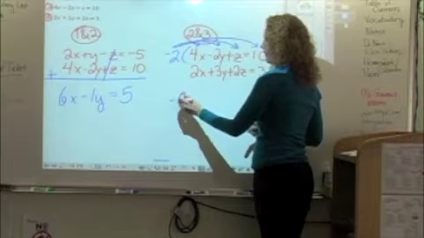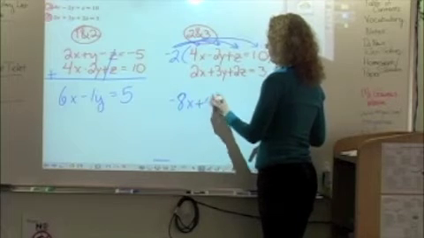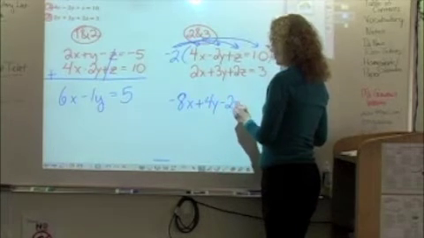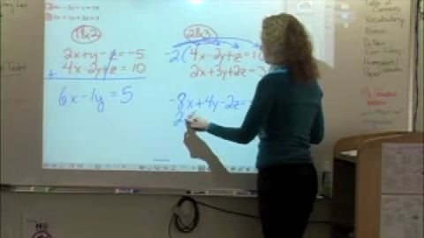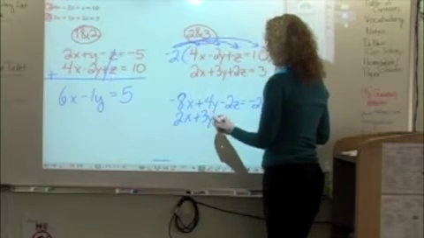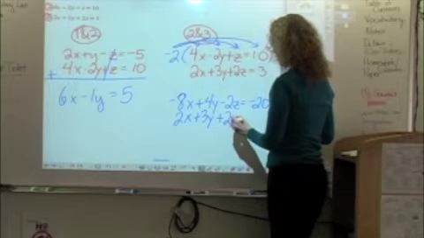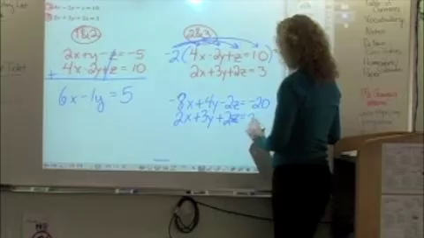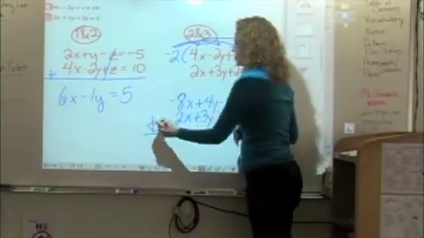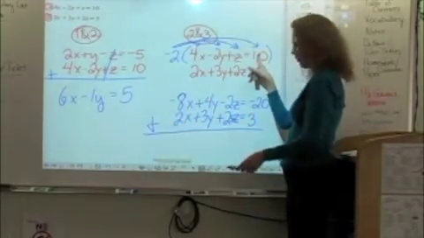So I get negative 8x plus 4y minus 2z equals negative 20. 2x plus 3y plus 2z equals 3. One of the biggest mistakes students make is they don't distribute that all the way across.